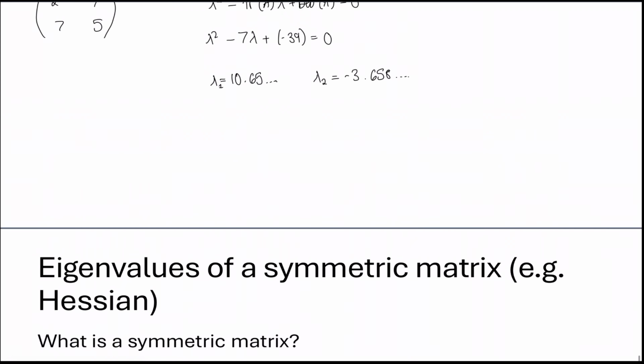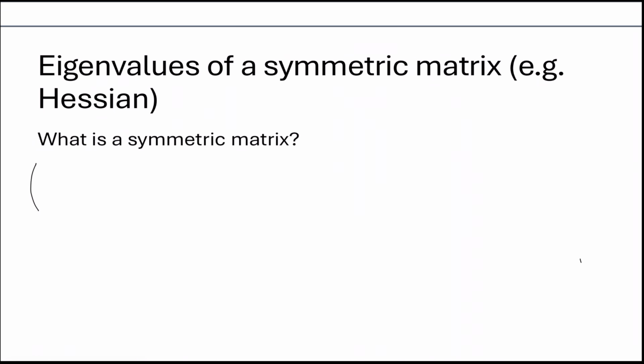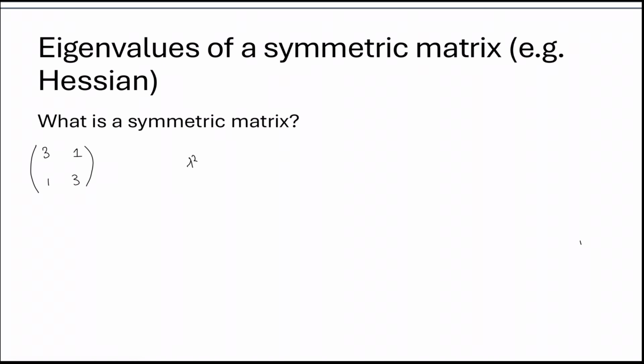If I have another matrix, which is 3, 1, 1, 3, and I work out the eigenvalues for this using our characteristic equation, it is lambda squared minus 6 lambda plus 8 is equal to 0. We get lambda is equal to 4 and lambda is equal to 2.